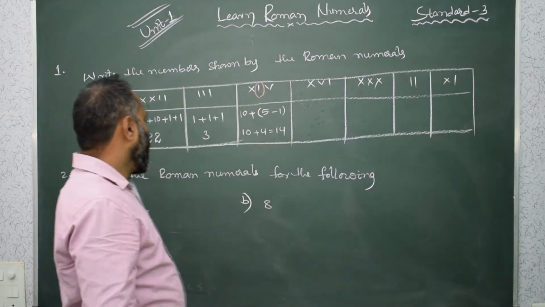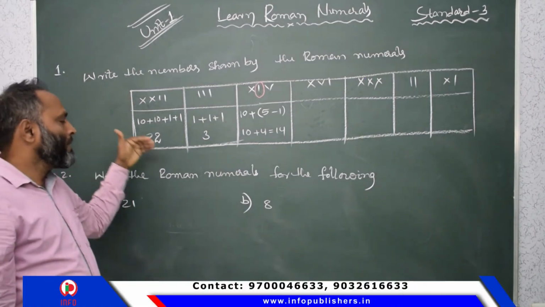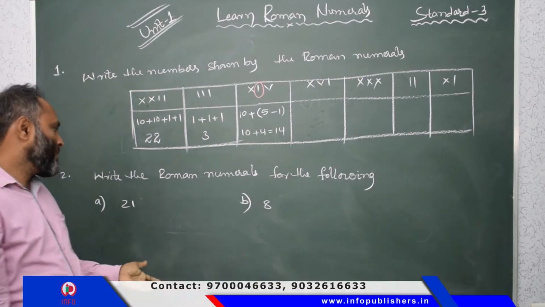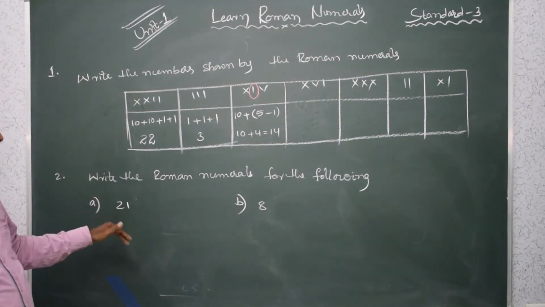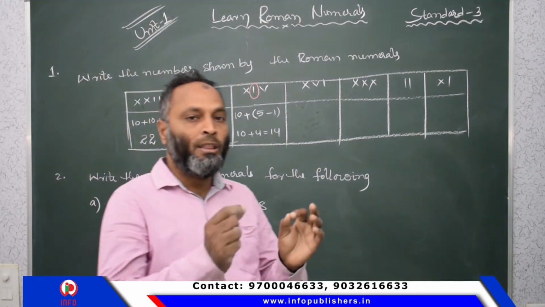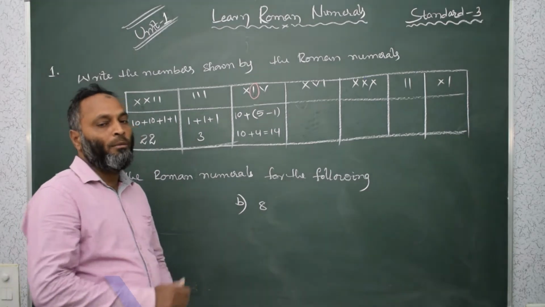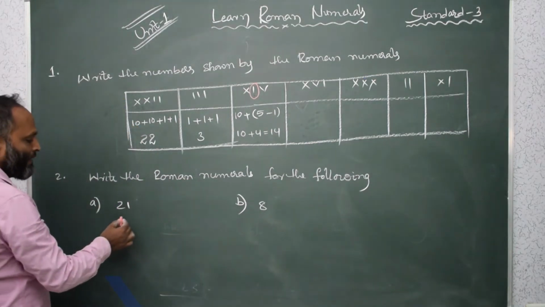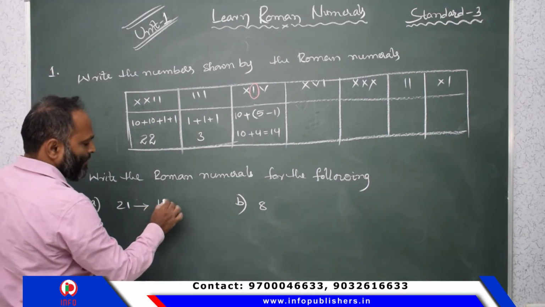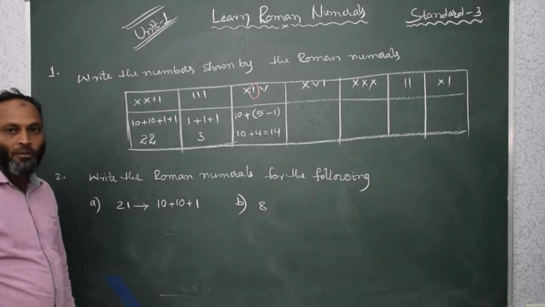Next, here Roman numerals were given, so we converted Roman numerals into Hindu-Arabic numerals. One more question is given in the second question. Here a Hindu-Arabic numeral is given, so we have to convert the Hindu-Arabic numeral into a Roman numeral. Then how? 21 is given. How to take this 21? 10 plus 10 is 20, 20 plus 1, 21.